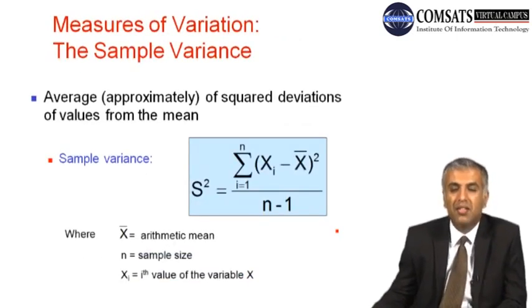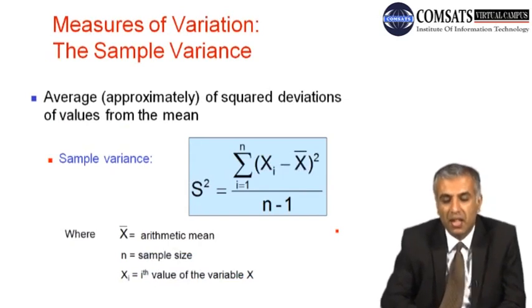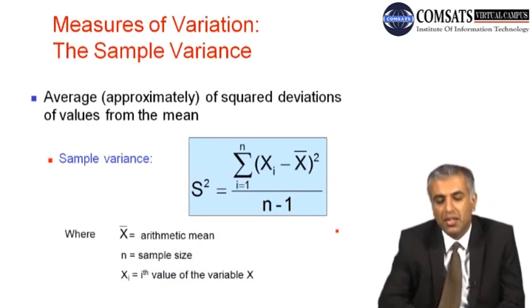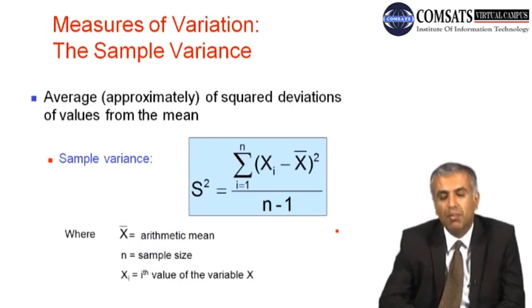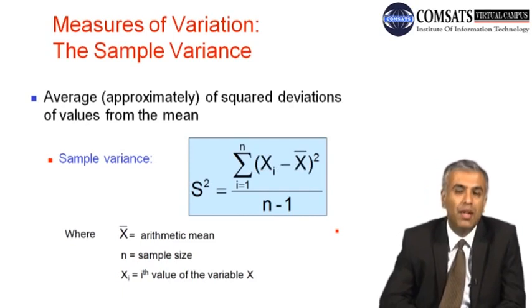Coming to the next measure of variation, also termed variance or sample variance. By sample variance we mean that this variance has been calculated from a certain sample of respondents or sample of values, not the whole population.